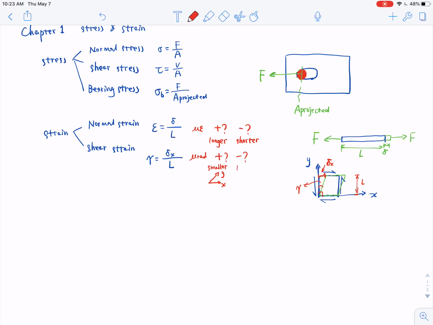This is X, that is Y. But if it's larger than 90 degrees, then it will be negative shear strain.